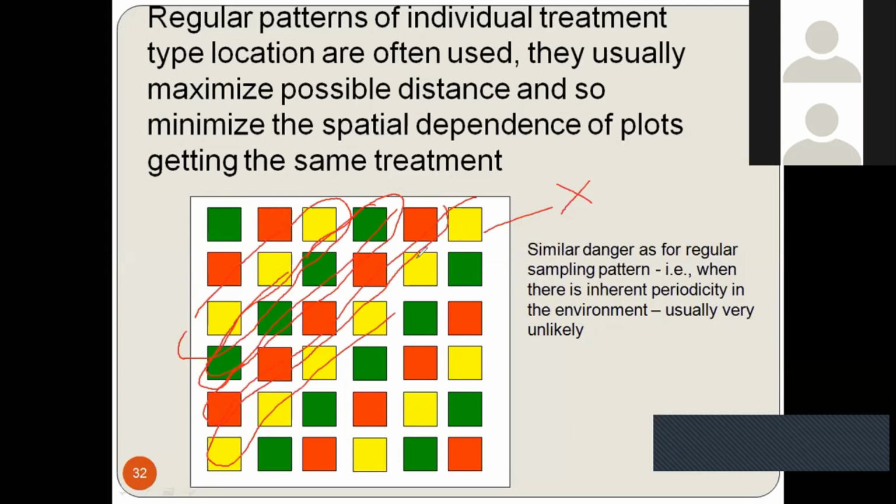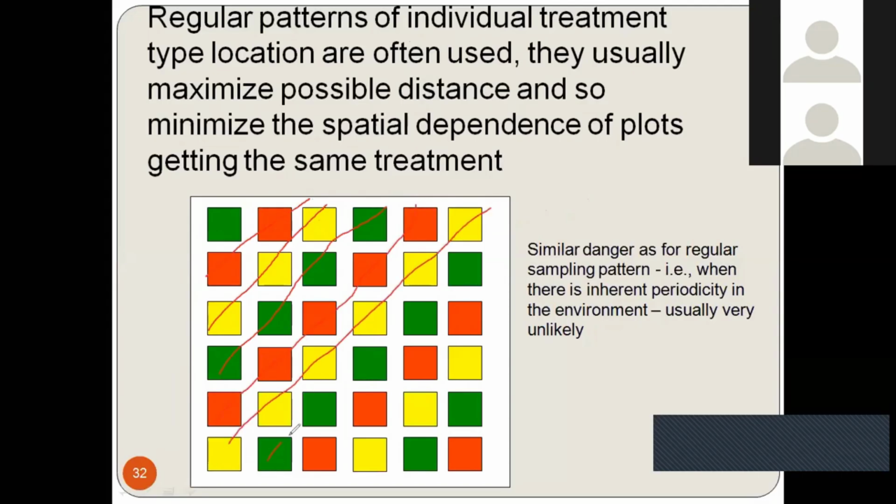So what is the problem with the pattern? You see, one treatment, second treatment, let's say third treatment, again first treatment, second treatment, third treatment, again first, second, and third treatment. So you see, there's a pattern. This is not good in terms of randomization. Therefore, we'll have to do the randomization in a proper way.